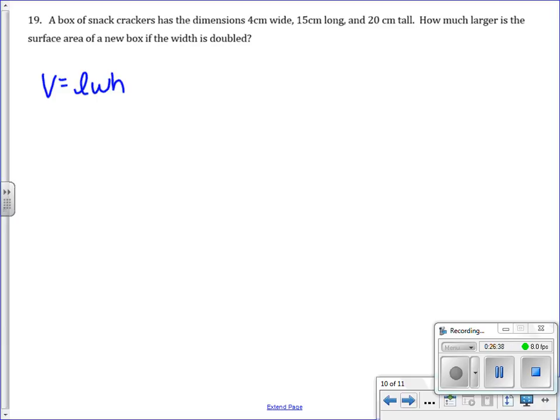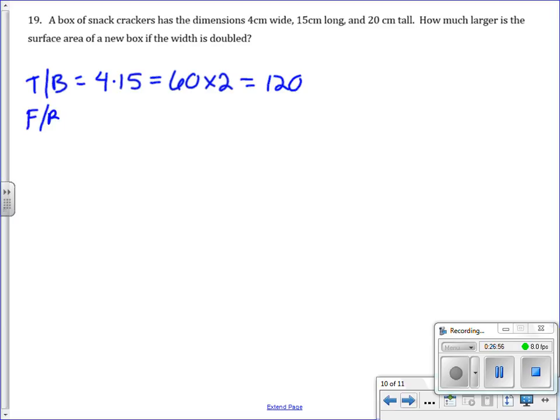So surface area, remember when I do surface area, I'm going to do top and bottom. The top and bottom was 4 times 15, which is going to equal 60. And I got to times it by 2 because I have a top and a bottom, and that gives me 120. My front and back is going to wind up being 4 times 20, which is going to be 80, times 2 gives me 160.